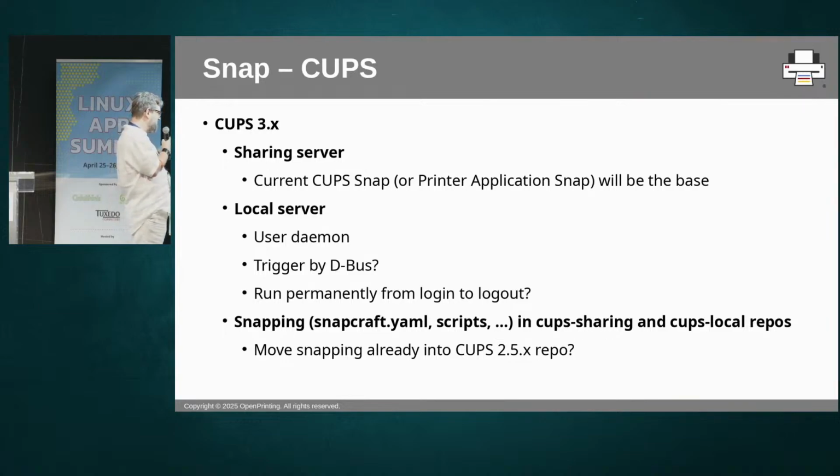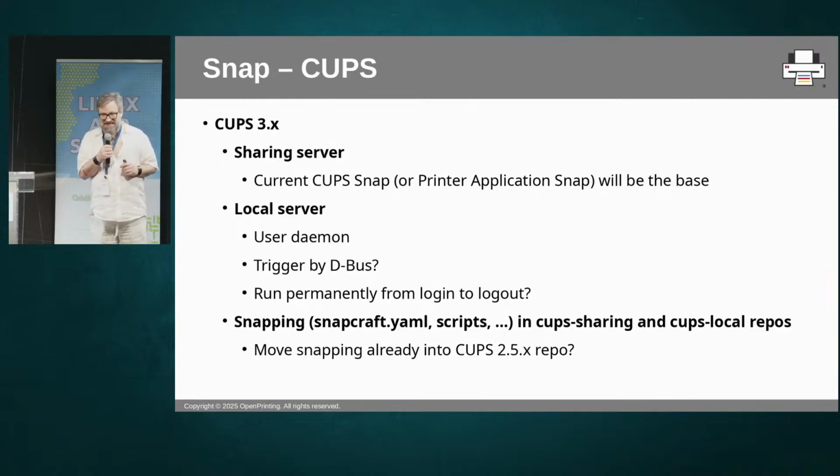We must see what is better for the snapping and how many resources a permanently running local server of cups will need. And then the snapping, the creation of the snapcraft.yaml file, of the helper scripts and so on for the snaps.